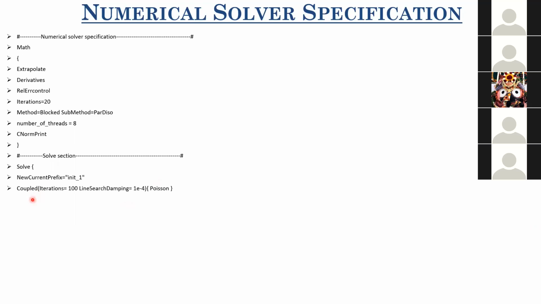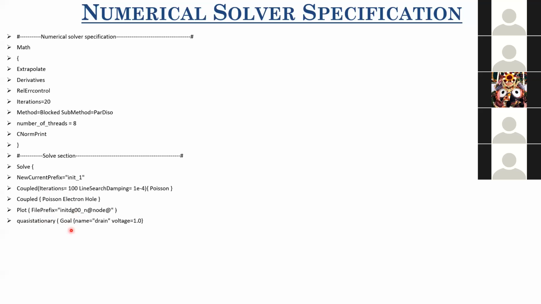We want 100 iterations, or within 100 iterations, we want the solution, and we want to only solve the Poisson equation for the initial guess. Now, we want to solve Poisson, electron, and hole in a coupled way. So we write coupled Poisson, electron, hole. And then this is the plot file or the PDR file, which will store the values of all these microscopic parameters. Then we go for quasi-stationary ramping of our voltages.